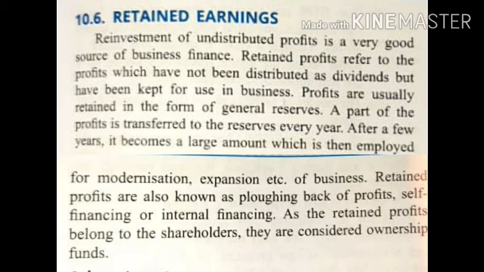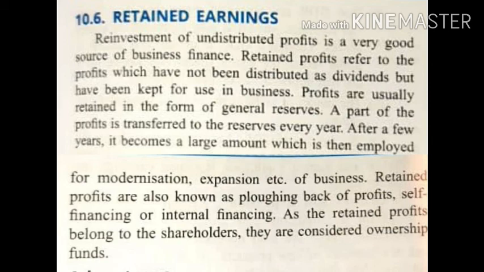After a few years, it becomes a large amount which is then employed for modernization and expansion. That means when it becomes a large amount as reserve, that amount is used for the expansion of the business, for the modernization of the business, for setting up of technologies in the business.